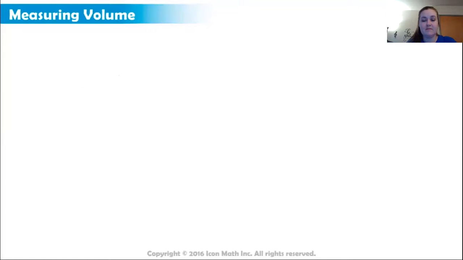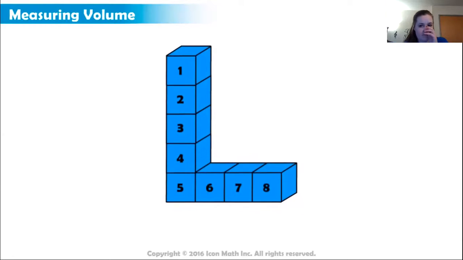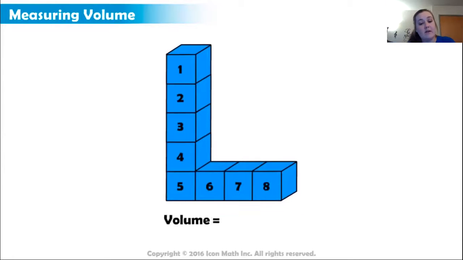For example, this figure is formed with unit cubes. Let's count the unit cubes to determine its volume. There are 1, 2, 3, 4, 5, 6, 7, 8 unit cubes. So the volume of this figure is 8 cubic units, or 8 units cubed.